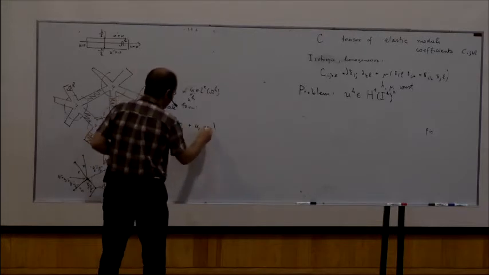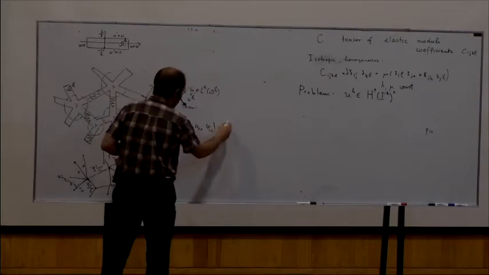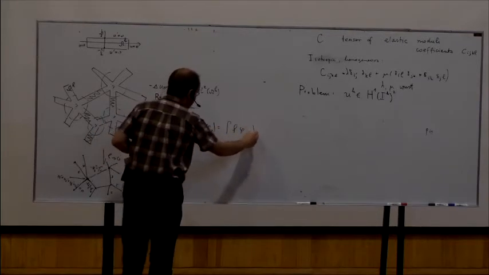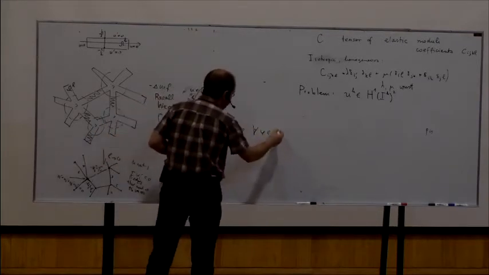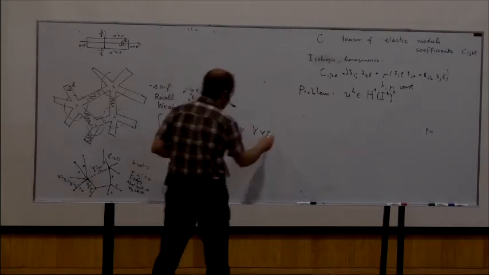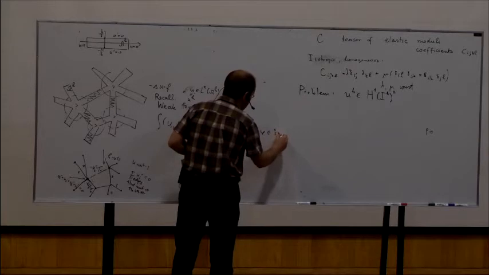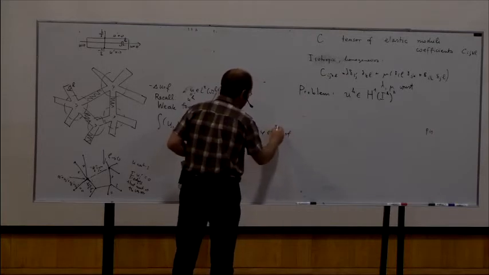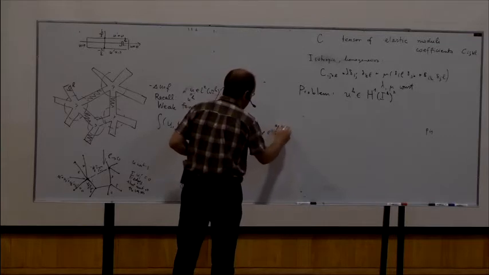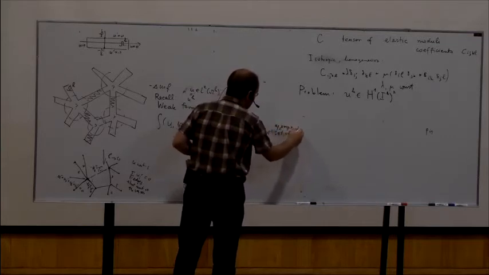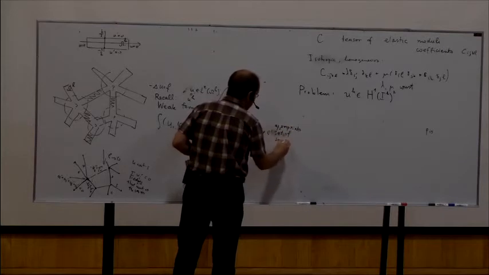So phi 2 equals the integral of f phi for all phi in the set of smooth functions. It's actually an appropriate set of smooth functions, right? You know that this set depends.